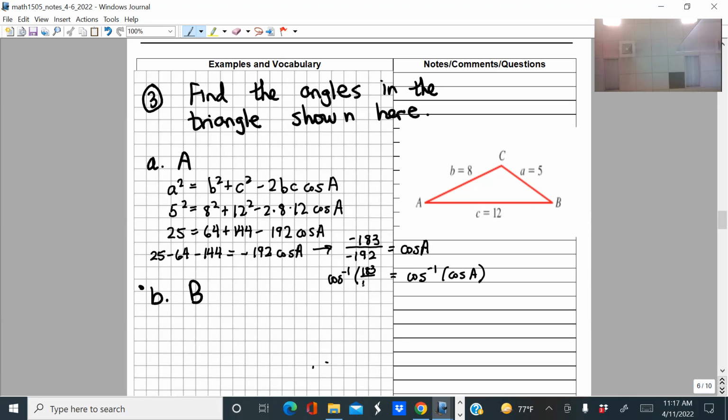So you get whatever 183 over 192 is, right? But your calculator will do that for you very nicely. And you only care about one solution here, right? So you don't have to worry about multiple solutions. The first solution you find is going to be the one that you want. I would do it in degrees because I think it makes more sense in degrees.